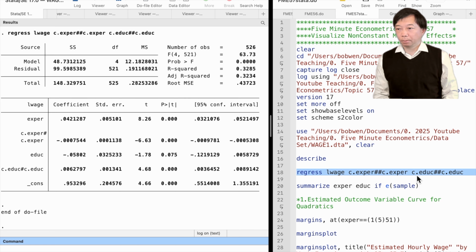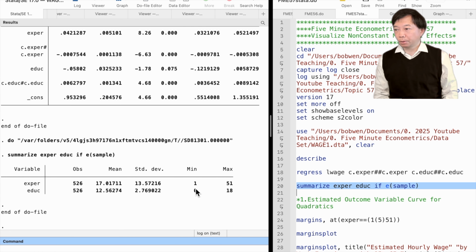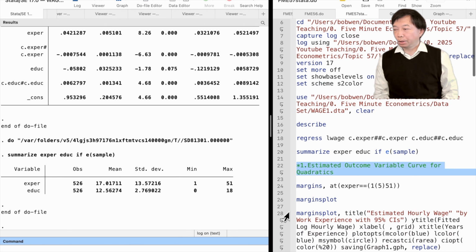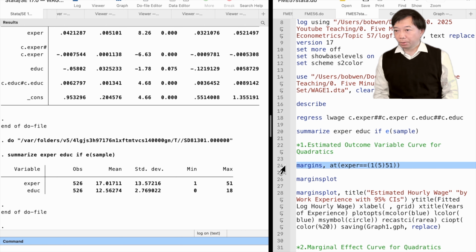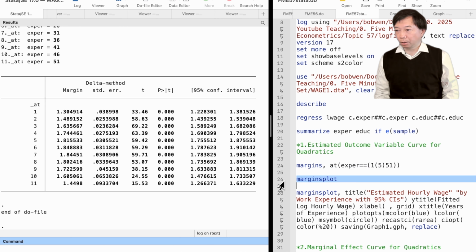In our example, the range of years of experience in the model is from 1 to 51 years. We use Stata's margins command to calculate hourly wages at every 5 years of experience. With the fitted values, we then use the Marginsplot command to draw the fitted curve.